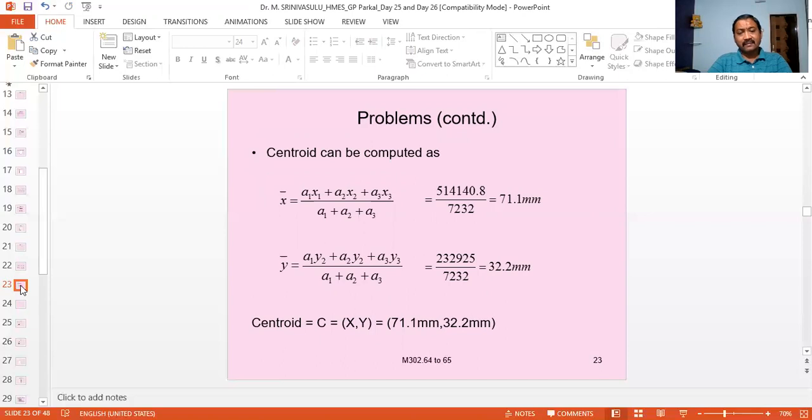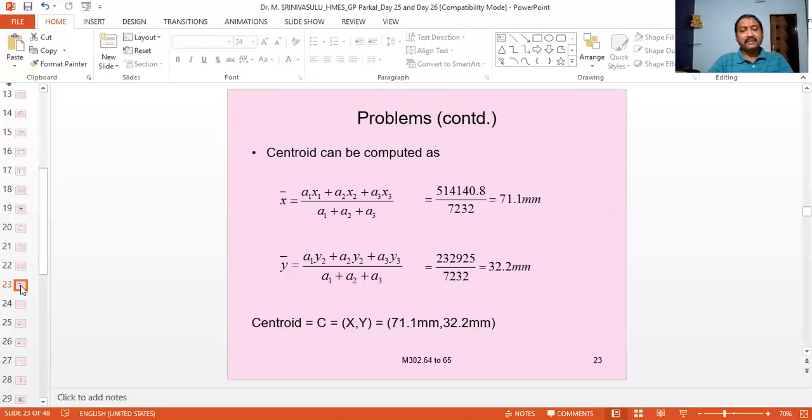And y bar is equal to sigma ai into yi by sigma ai, that is 232,925 by 7232, that is equal to 32.2 millimeters.